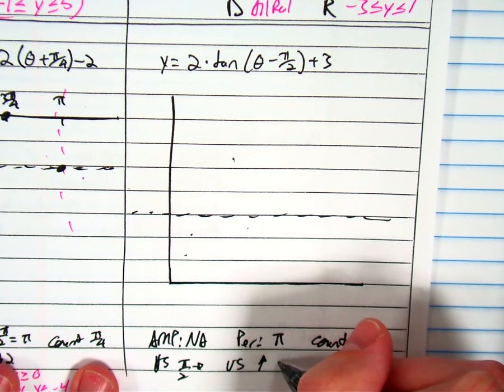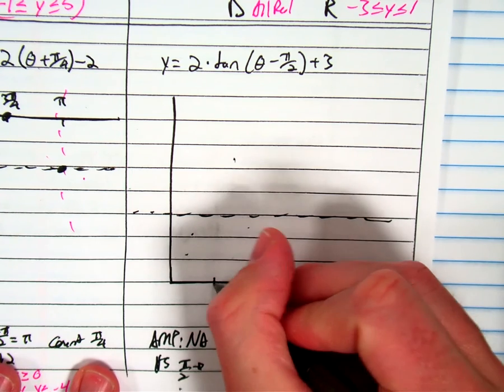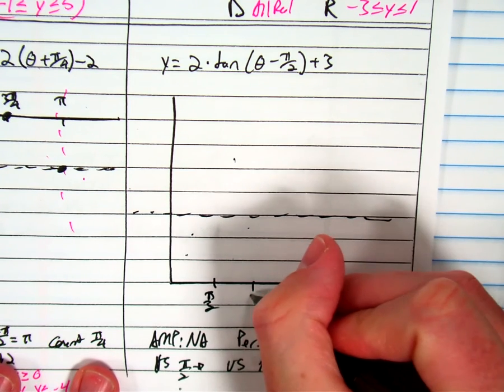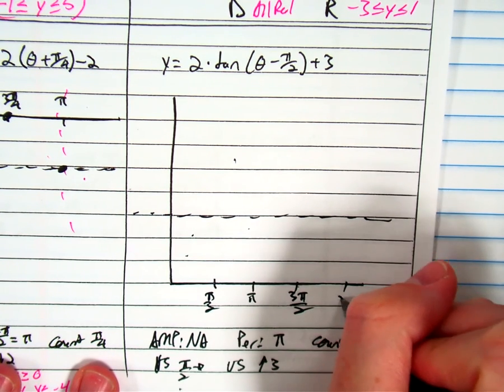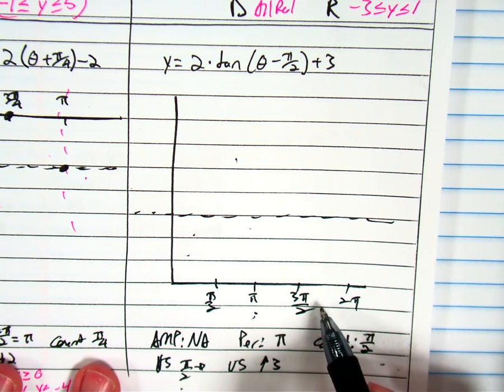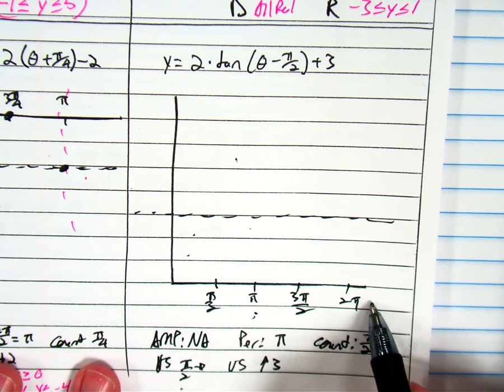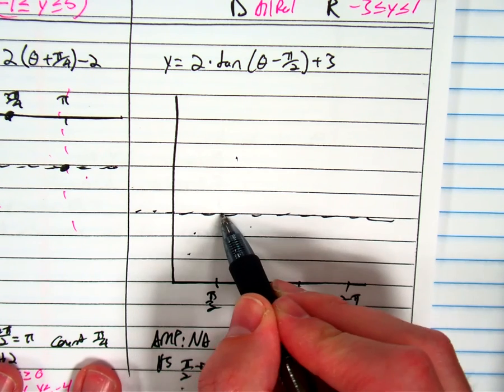VS, we are 3 up, and we've already done the 3 up part. So we're counting by pi over 2's, and we are pi over 2 to the right to start with. Pi over 2, 2 pi over 2 is 1 pi, 3 pi over 2, 4 pi over 2 is 2 pi. So here we are, we're starting at pi over 2 to the right, we're up 3.